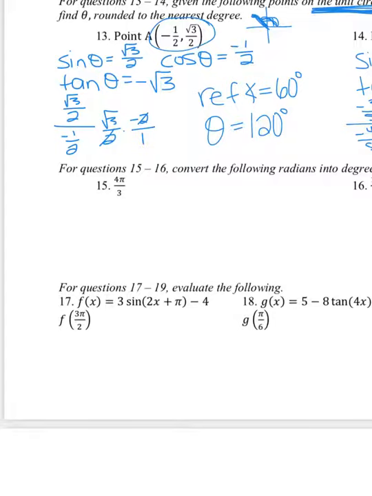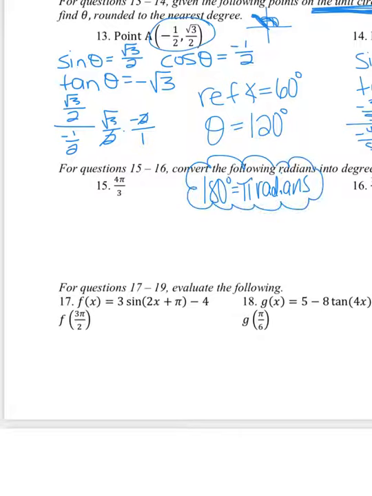So the big conversion that I told you guys that you should know is that 180 degrees is equal to pi radians. If you know this, this helps you for these two questions, because for these, all you have to do is replace the pi symbol with 180. You're replacing the radians with the degree measure.